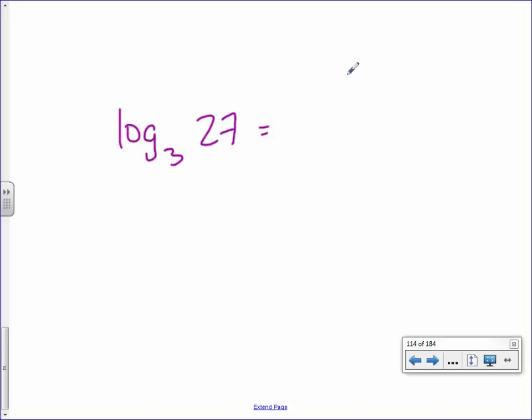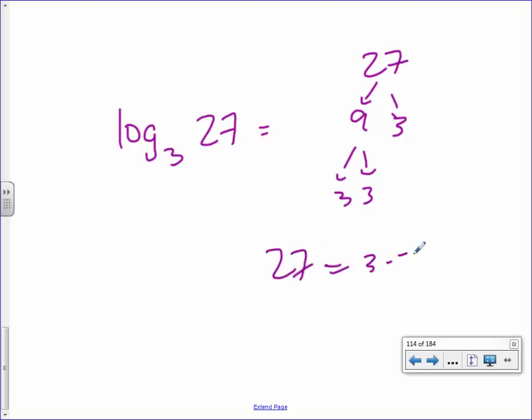And so you might do something like this. When you learned how to do this way back in the day, you'd say 27 is 9 times 3, and that's a couple of 3's. So you'd say, I can write 27 as 3 times 3 times 3. How many 3's did we write? We wrote 3 of them. That was a bit confusing because the number was 3 and we used 3 of them.